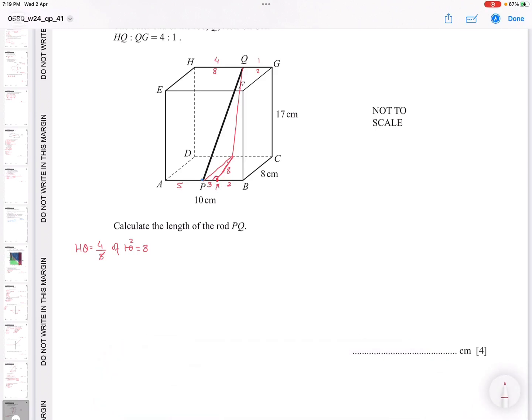So my Pythagoras theorem will give me, if you write S here, the length PS. So PS would be equal to square root of 3 squared plus 8 squared. And this PS would be 8.54.